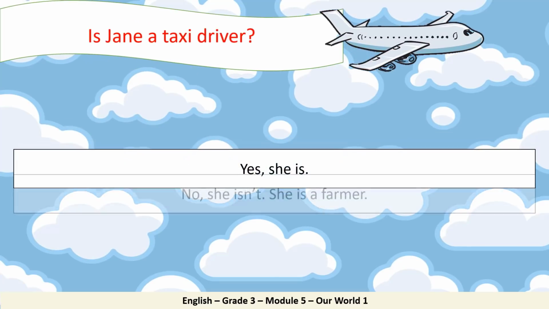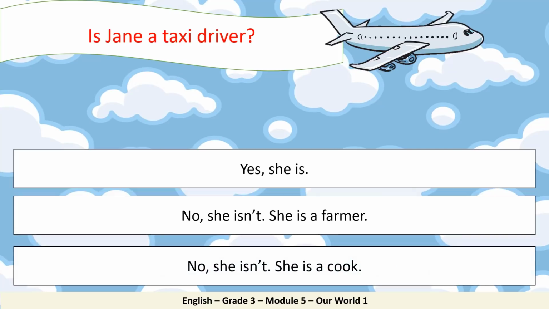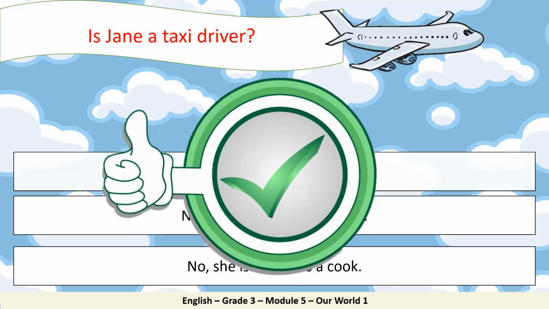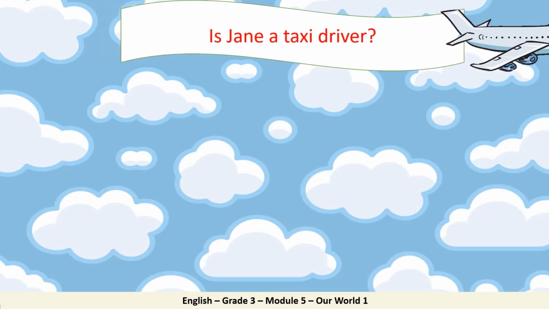Is Jane a taxi driver? Yes, she is. No, she isn't. She's a farmer. Or no, she isn't. She's a cook. Very good. No, she isn't. She's a cook.